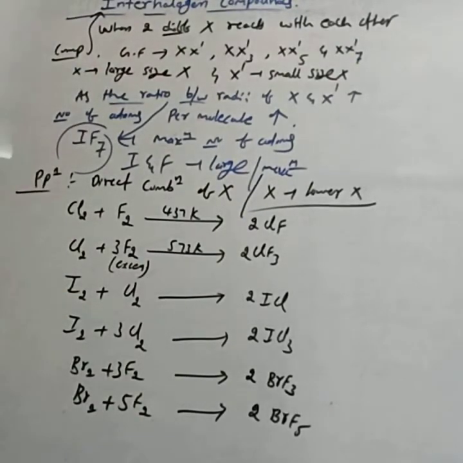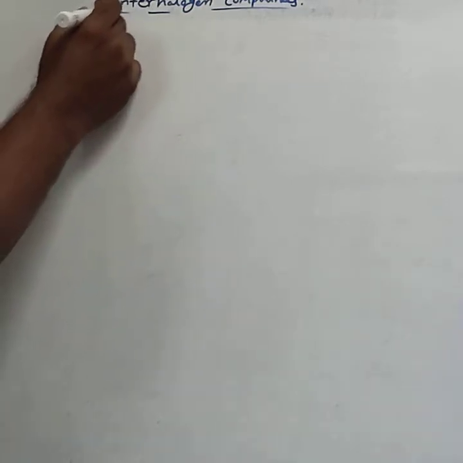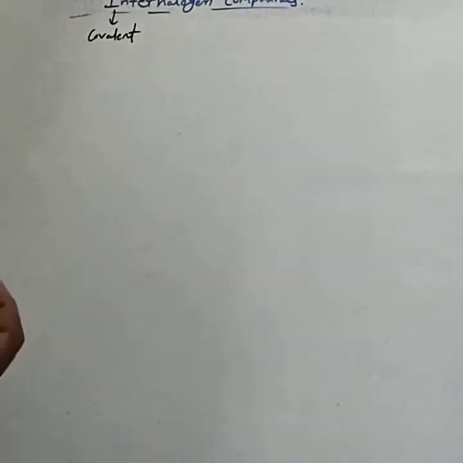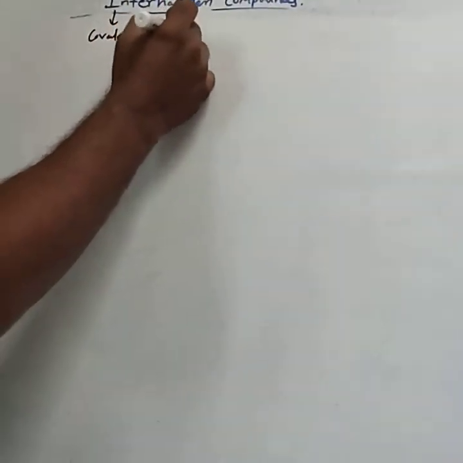Lastly, we have chemical properties. These interhalogen compounds are covalent in nature, covalent molecules. They are diamagnetic in nature.